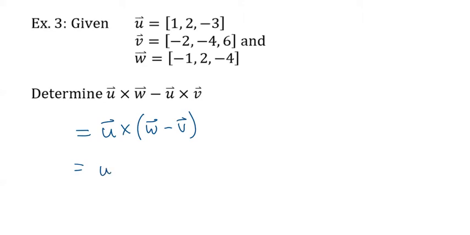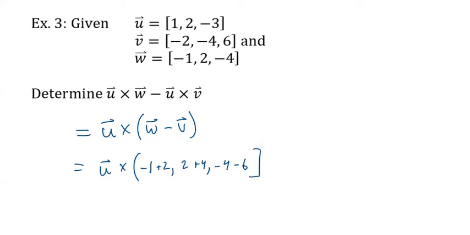So this is going to be U crossed with W, which is -1, minus V, which is -2, so plus 2. 2 minus -4, so 2 plus 4, and -4 minus 6.